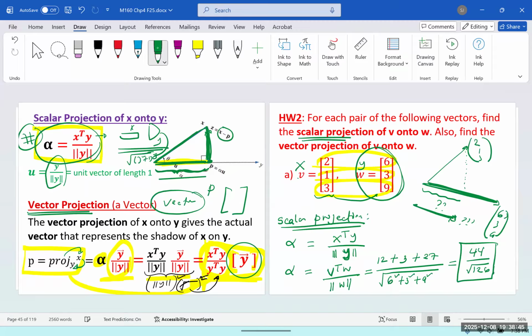So this is the scalar projection of v onto w. It means this length is whatever number that is.